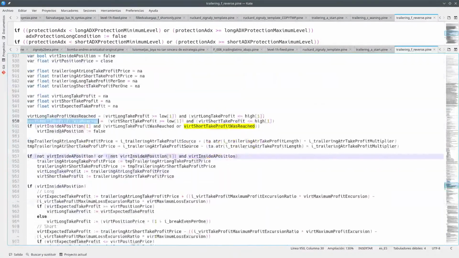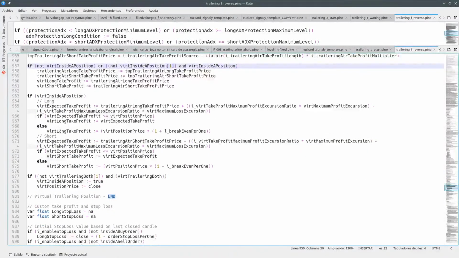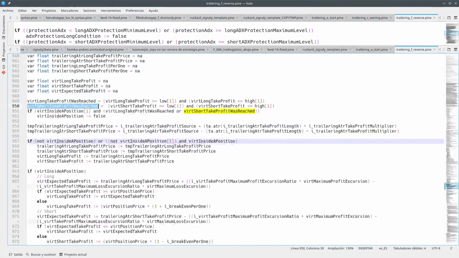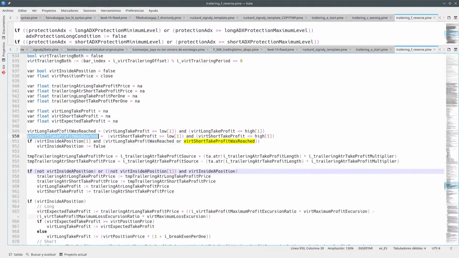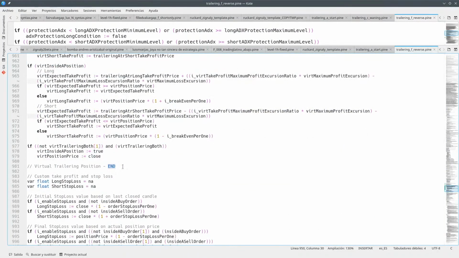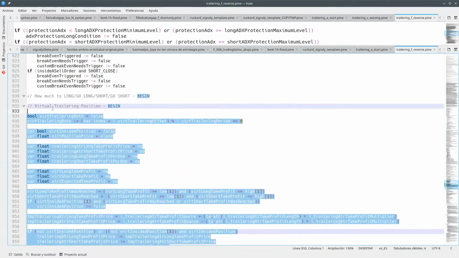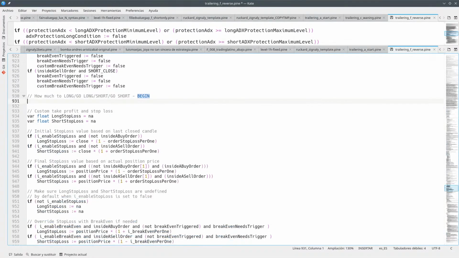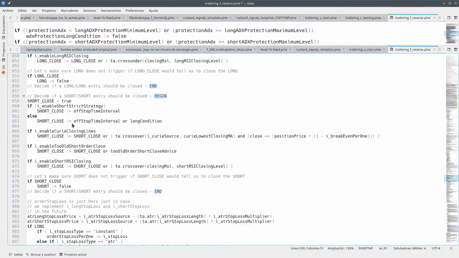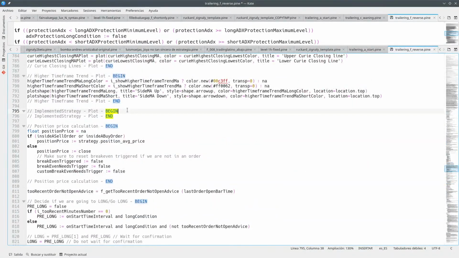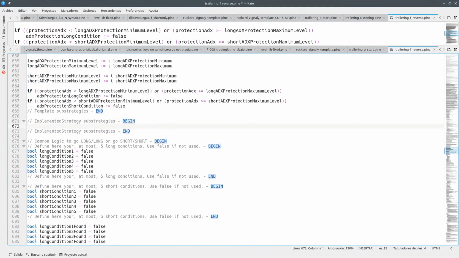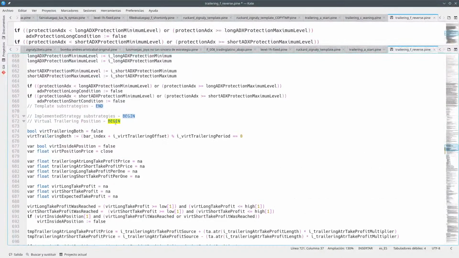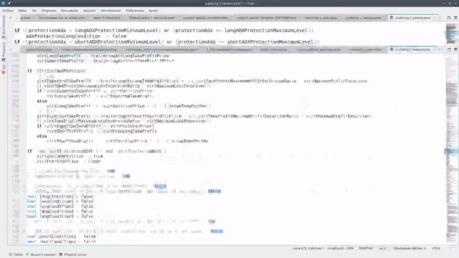Yeah, we could have this as the strategy itself, although yeah, so this should be going into here, not here, sorry, into here. So this is the Ruckard trailering position.